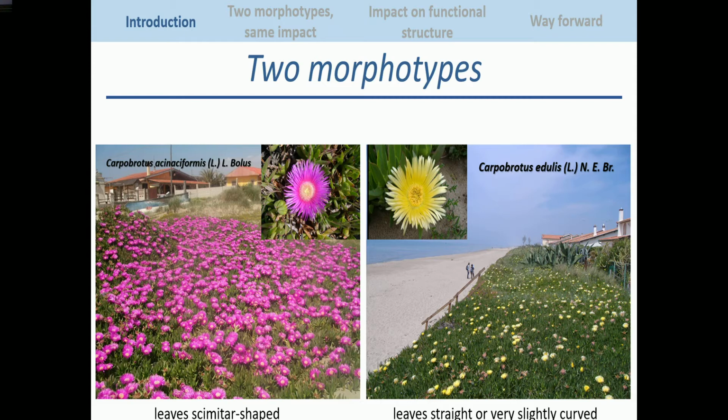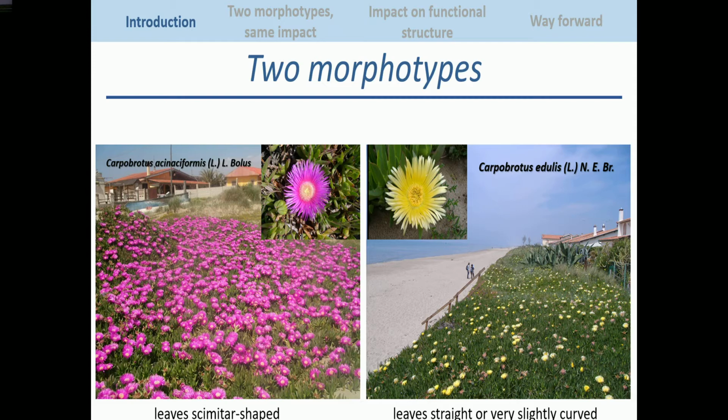The thing is, apparently in Europe, Carpobrotus acinaciformis is not a well-defined species. It's normally called Carpobrotus affinis acinaciformis. Because there is apparently some hybridization going on between acinaciformis and edulis, most of the time what we see as acinaciformis is probably a hybrid.